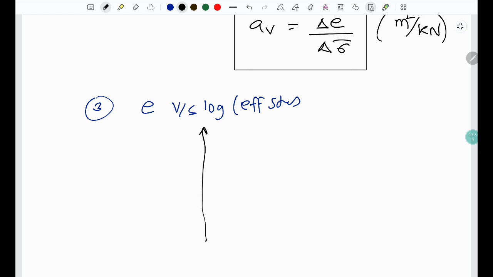Here what we get is, for NC clay we get a straight line which has a constant slope.